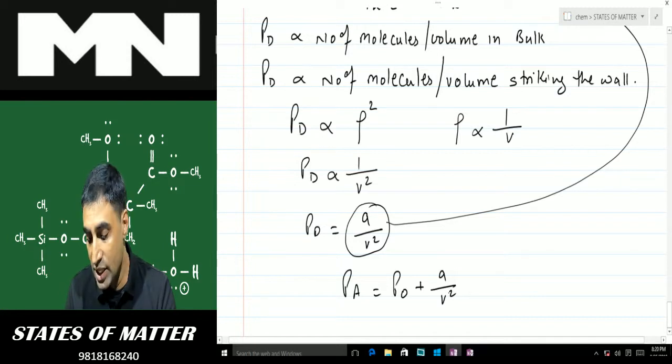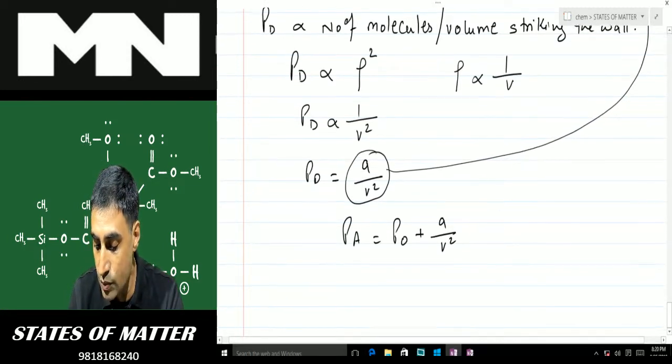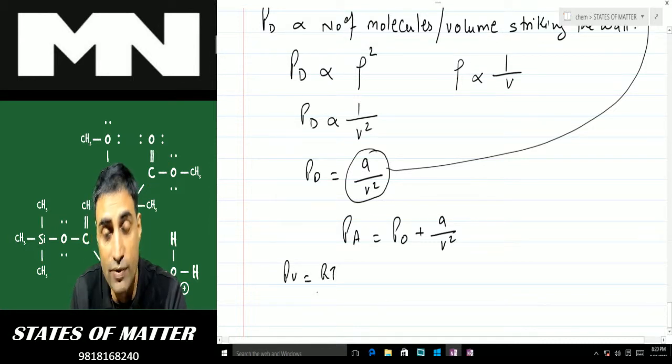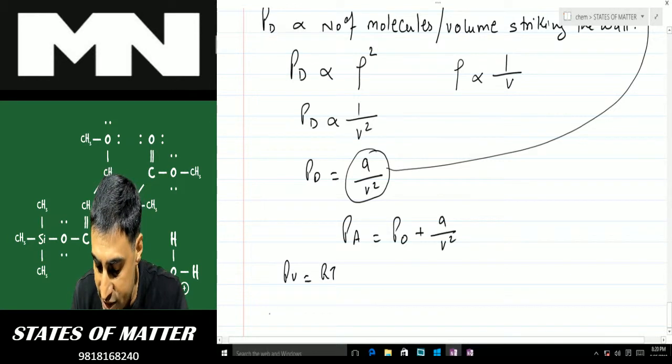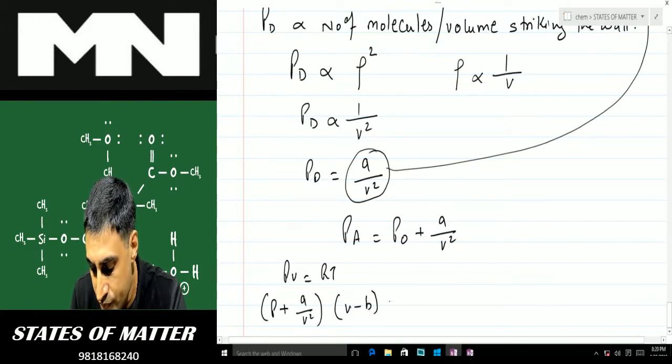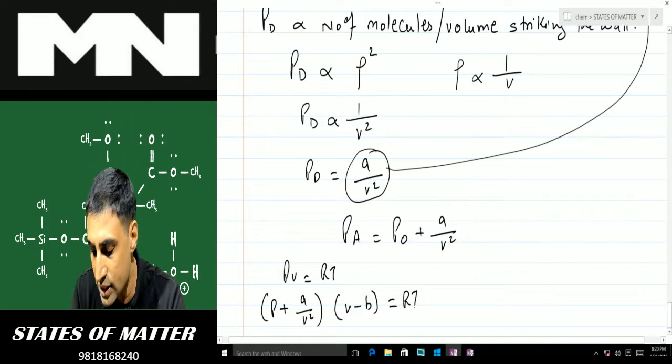That means if I put it in the pressure and volume equation, initially we had PV is equal to RT for 1 mole of a gas. Now after correction, it will become P plus A by V square into V minus B is equal to RT for 1 mole of gas.